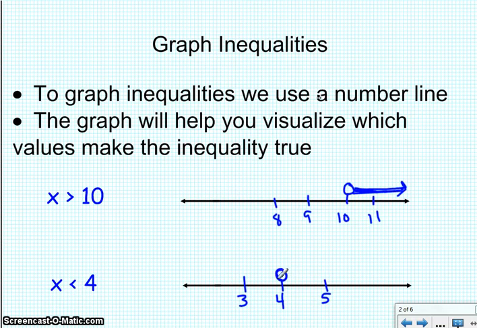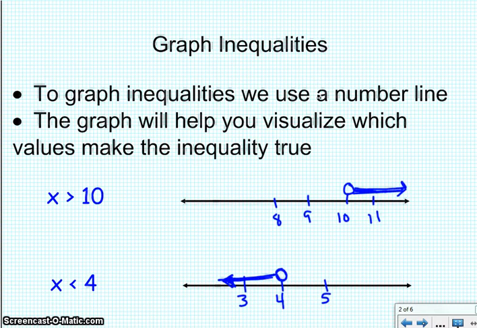That means that 4 is not part of the solution set, but anything smaller than 4 is part of the solution set. So I'm going to draw my arrow going this way. That is not the world's best arrow, but you get the idea. So that is graphing greater than and less than. And remember, we use the open circle for that, and just put a few of the numbers on the number line. You don't have to make a whole complete number line.